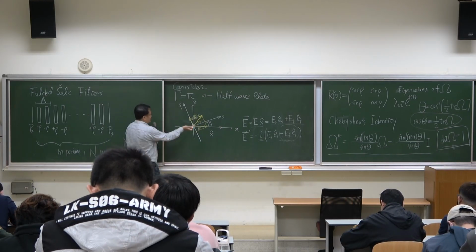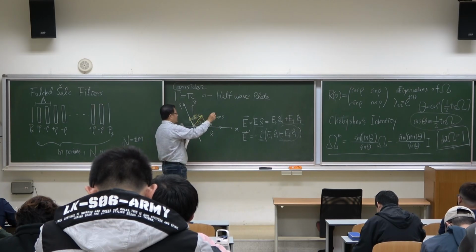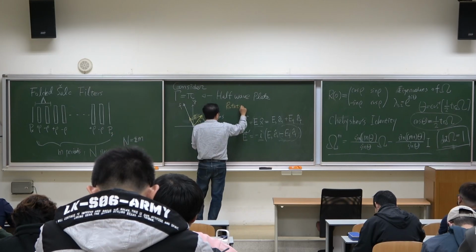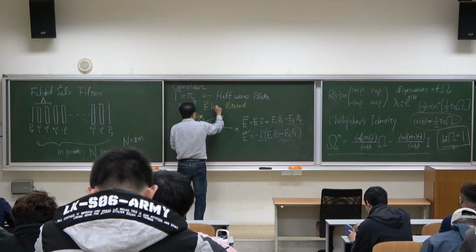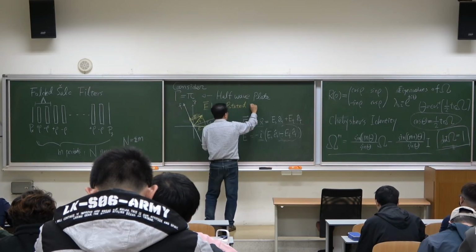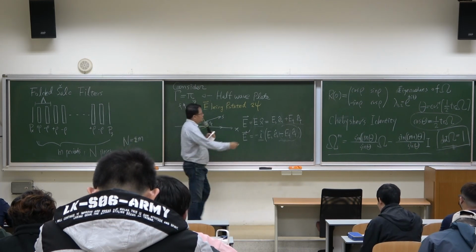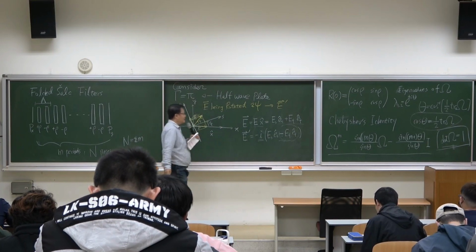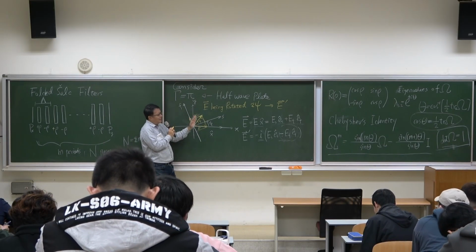This means the E prime is obtained by rotating the E vector to psi.